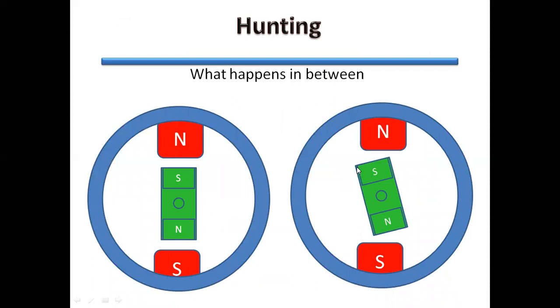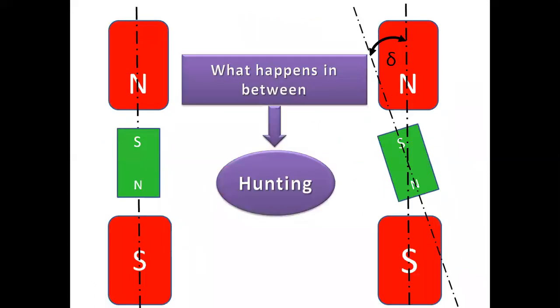Just observe this animation. This is synchronous motor running at no load condition where the stator and rotor poles are aligned, their axis match, and the motor runs in clockwise direction with synchronous speed.